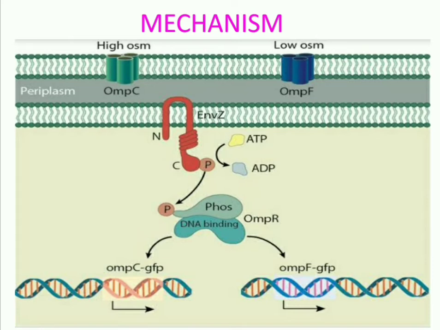Then the response regulator aspartate here receives the phosphate and changes its structure, called a conformational change. With this changed structure, it binds to the DNA. After binding to DNA, the DNA is stimulated to switch inactive or active according to the external environment, which ultimately results in the cellular response.